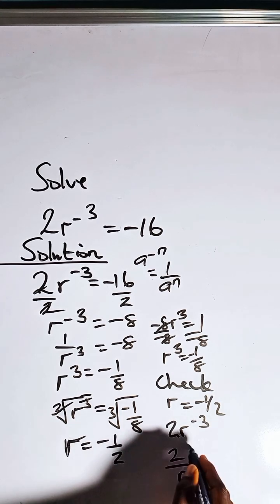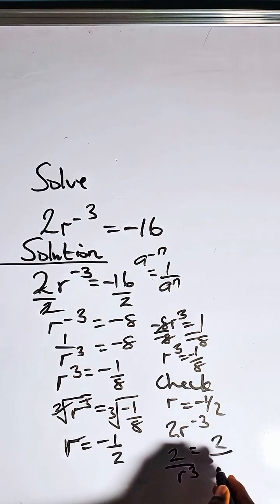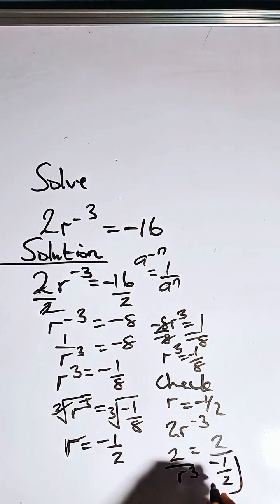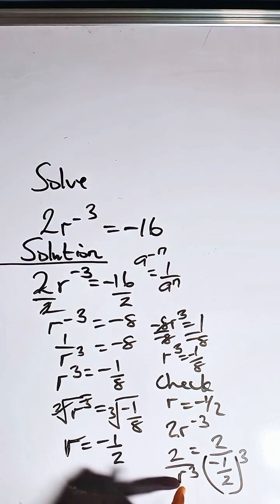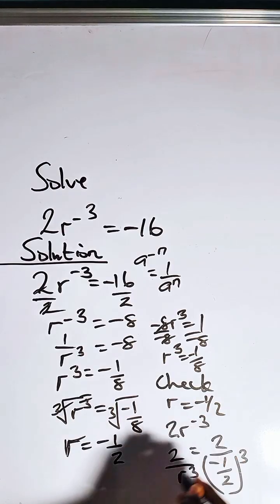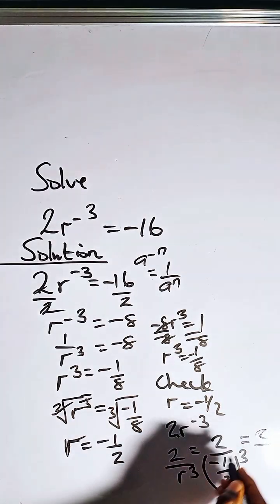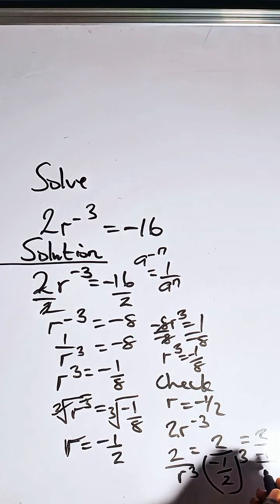The value of r is minus 1 over 2, so we have 2 over minus 1 over 2 raised to power 3, which is minus 1 over 8.